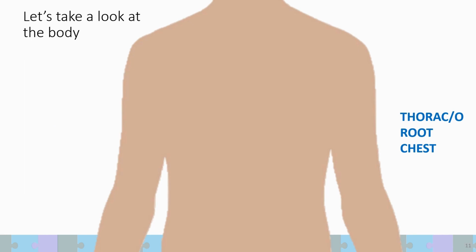We have seen this particular term before, thoraco. It is a root term. Remember that backslash and that O indicates that it is a root term, and it meant chest. So we're going to take a close-up look at the chest and a couple of the major organs found inside of it.